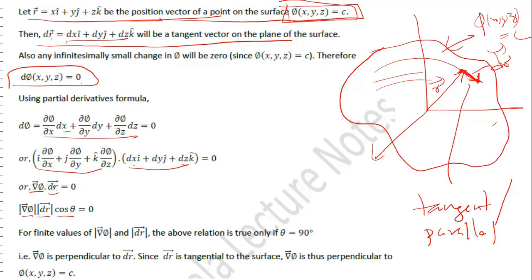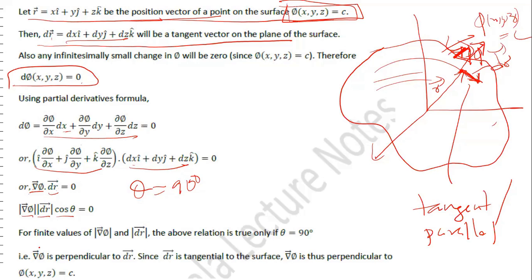The dot product between these two vectors is 0 only if theta is 90, that is, the angle between dr vector and grad phi is 90 degrees. So we know that dr is a vector lying on the surface at that particular point, and it is perpendicular to grad phi, which means grad phi is perpendicular to the surface.